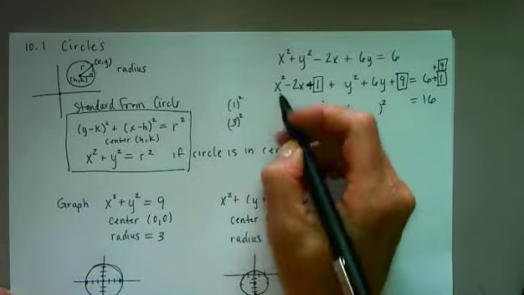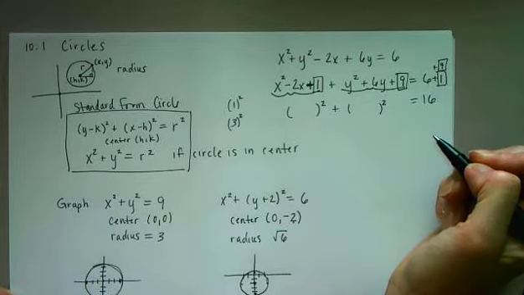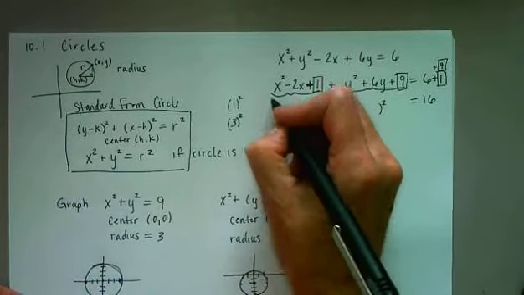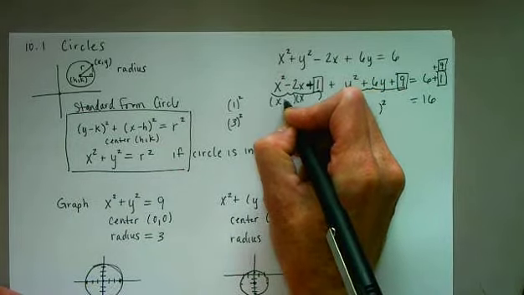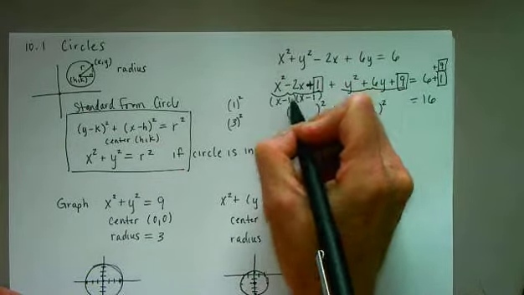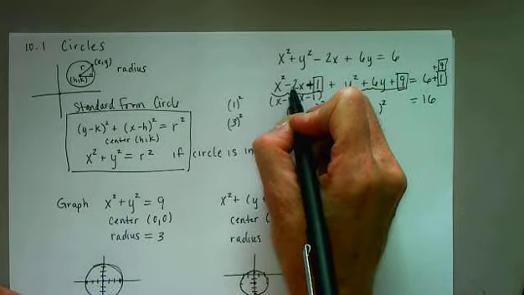So now I just need to factor my x's and factor my y's. And you completed the square, so you know it's a perfect square. So you might know from your formula, or it might take one step of following like this and going, oh, x minus 1 times x minus 1 is positive 1, and negative 1 plus negative 1 is negative 2.